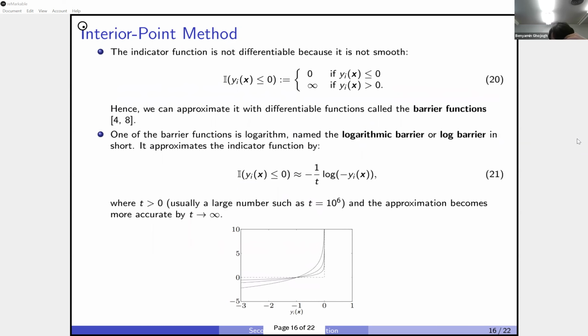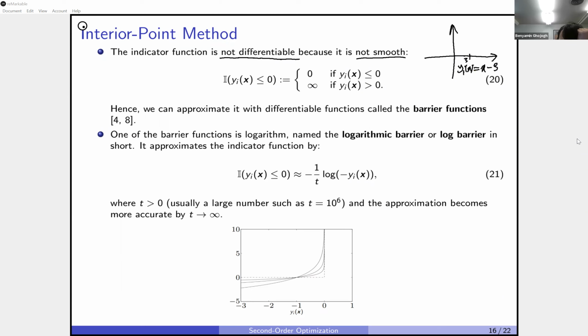So we know that the indicator function is not differentiable. Therefore, it's not smooth. The indicator function, let's draw it. Assume this is y_i(x), this is the constraint. For example, y_i(x) is x minus 3, and this is 3.